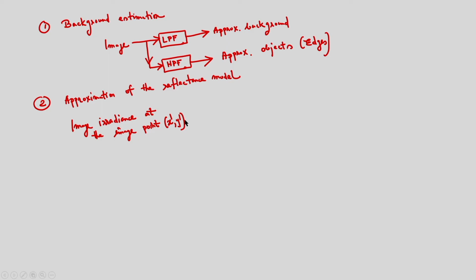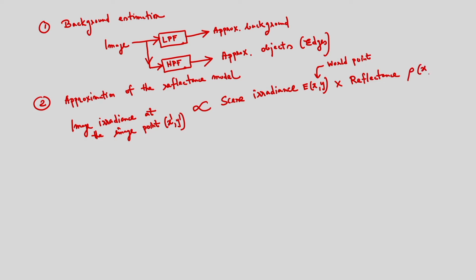The image irradiance at the image point x dash y dash is proportional to the scene irradiance, that is the illumination, suppose E(x, y), at the world point x y, multiplied by the reflectance component, suppose rho(x, y), that is the albedo mainly.